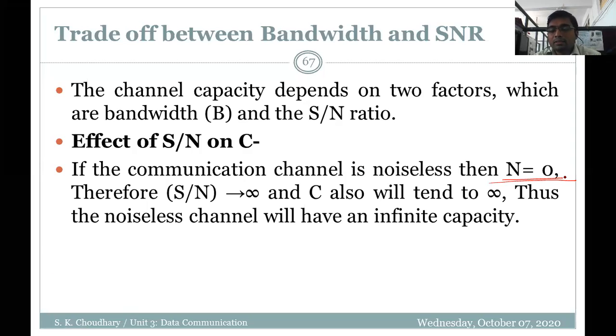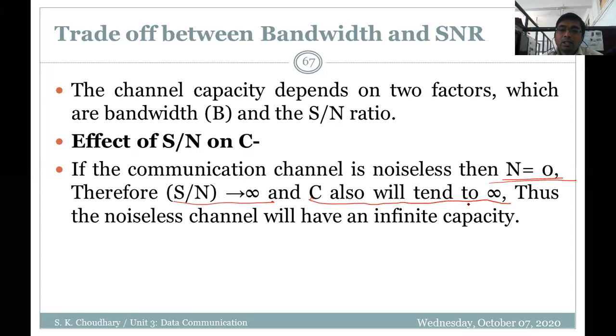This is the ideal condition actually. At that moment, according to the formula of signal to noise ratio, SNR becomes infinite. If noise power is 0, SNR is infinity. And if SNR is infinity, then according to the equation of channel capacity, your channel capacity tends to infinity.